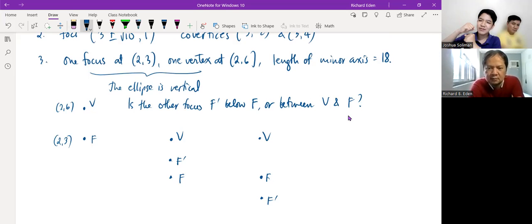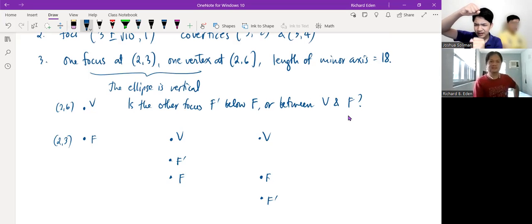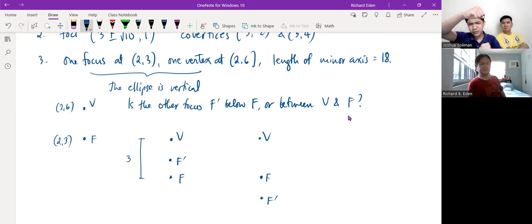So this is F, and then either F prime is here or in between. But if F prime is in between, then the major axis would be... hmm. If the distance from F to V is 3, then the other distance would also be 3.